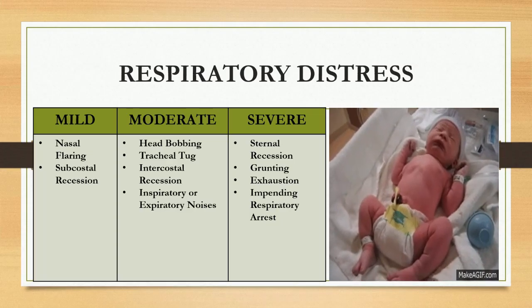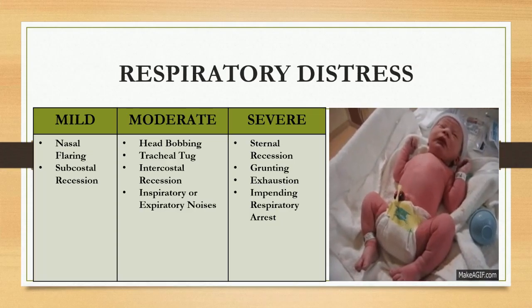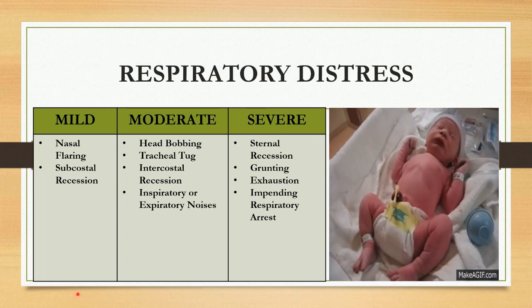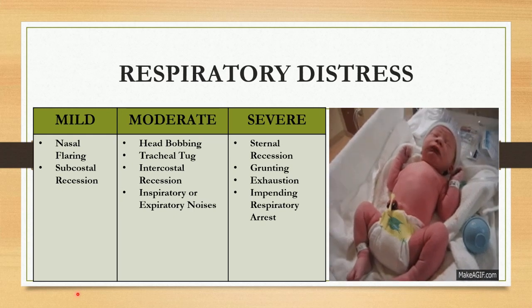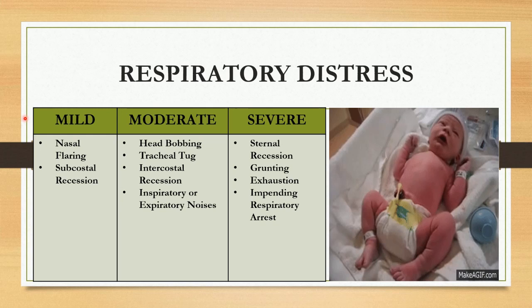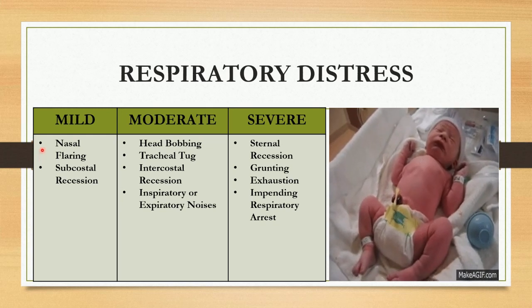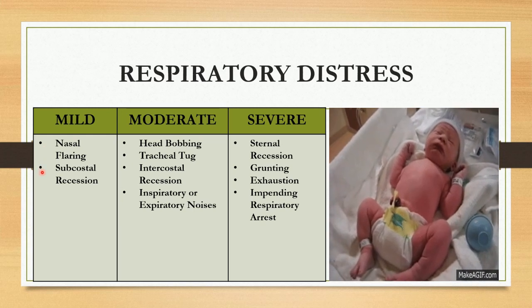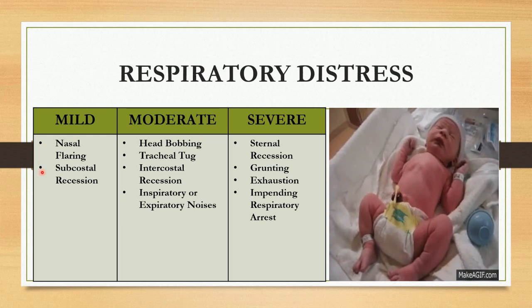As I said before, whenever you are counting the respiratory rate, you should also look for signs and symptoms of respiratory distress. It is divided into mild, moderate, and severe. If the baby has nasal flaring, subcostal recession, then it is mild.